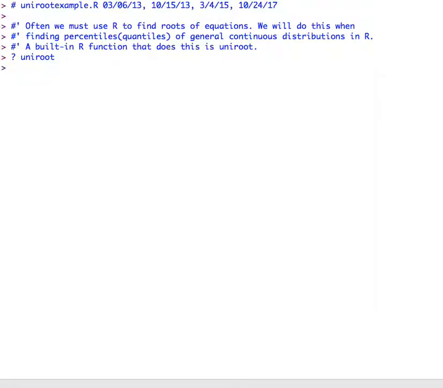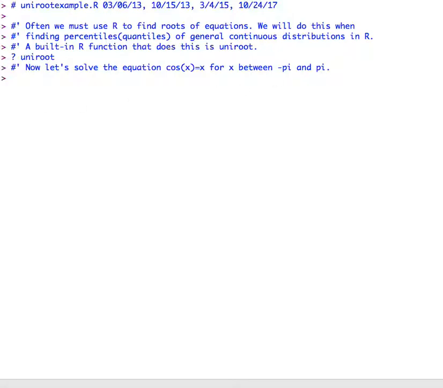So what I want to do is solve the following equation: cosine x equals x, for x somewhere between minus pi and pi.